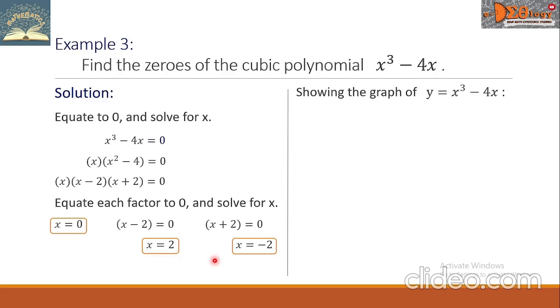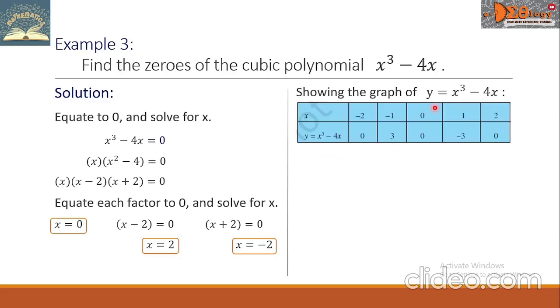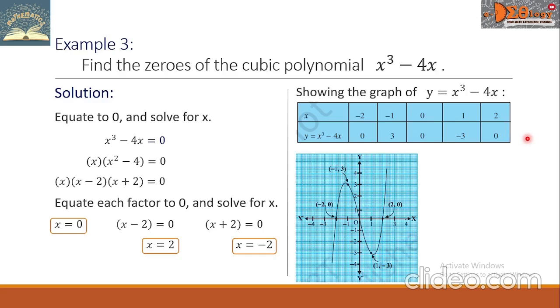Let us show the graph of y equals x cubed minus 4x. First, let us assign some values for x, then solve for y. Here are the corresponding coordinates. Let us plot these coordinates and connect them with a smooth curve. The graph will look like this.